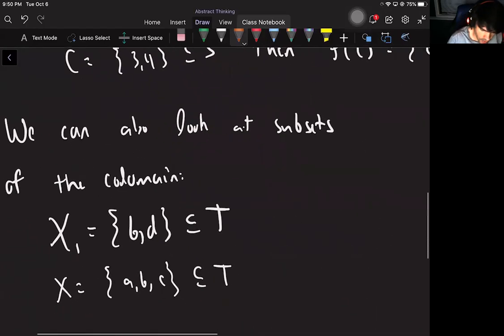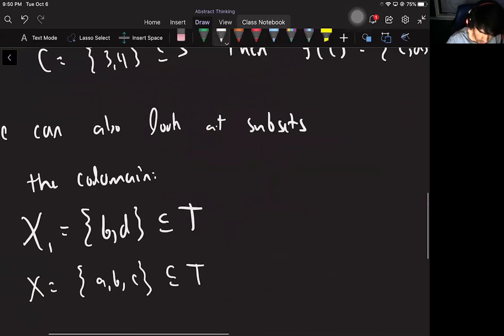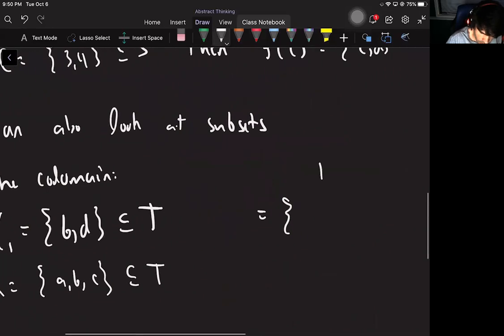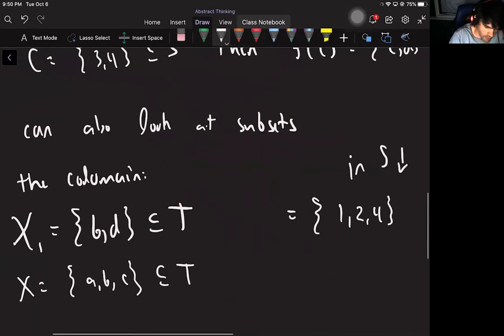So that's the idea behind what we're doing now, thinking of this thing backwards, which is I want to think of the elements of the domain, so these are all going to be in S, that go to the elements of the subset X1 that I'm talking about.